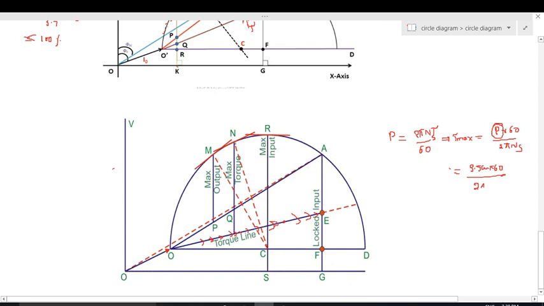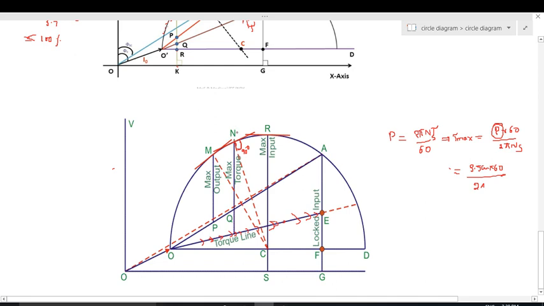Look at this one, which is 90 degrees. So this line is parallel to this one, and if we draw a line from this one to this one, that must be 90 degrees. This line indicates the maximum torque.